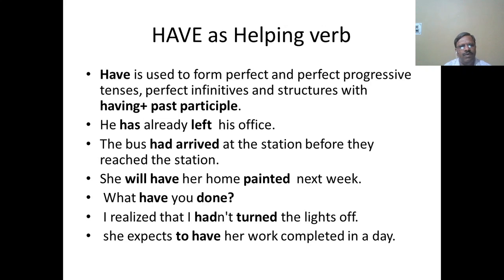She will have her home painted next week. ಇದನ್ನು ನಾವು ಫ್ಯೂಚರ್ ಪರ್ಫೆಕ್ಟ್ ಟೆನ್ಸನ್ನು ಡೀಲ್ ಮಾಡಬೇಕಾದ್ರೆ ವಿ ಕ್ಯಾನ್ ಲರ್ನ್ more about the use of have forms. ಪ್ರೆಸೆಂಟ್ ಪರ್ಫೆಕ್ಟ್ ಟೆನ್ಸಸ್ಸನ್ನು ಸ್ಟಡಿ ಮಾಡಬೇಕಾದ್ರೆ, ಪಾಸ್ಟ್ ಪರ್ಫೆಕ್ಟ್ ಟೆನ್ಸಸ್ಸನ್ನು ಸ್ಟಡಿ ಮಾಡಬೇಕಾದ್ರೆ ವಿ ಕ್ಯಾನ್ ಲರ್ನ್ ಆಲ್ ದೀಸ್ ಥಿಂಗ್ಸ್. ಶಿ ವಿಲ್ ಹ್ಯಾವ್ ಹರ್ ಹೋಮ್ ಪೇಂಟೆಡ್ ನೆಕ್ಸ್ಟ್ ವೀಕ್.